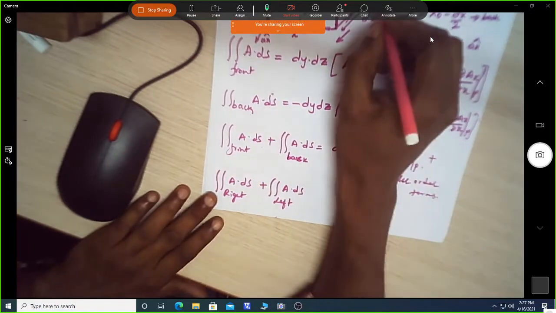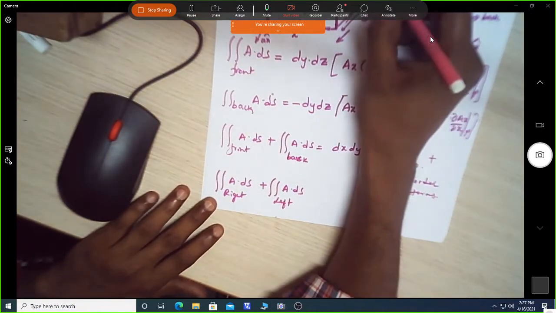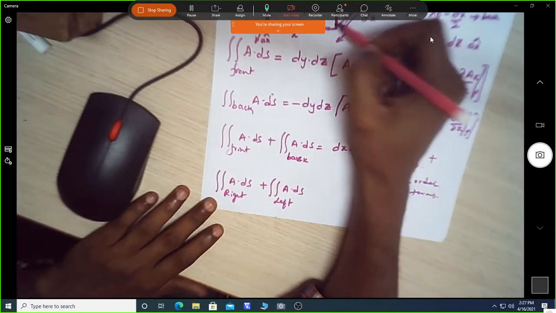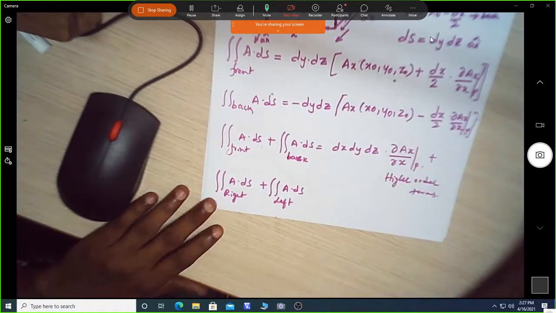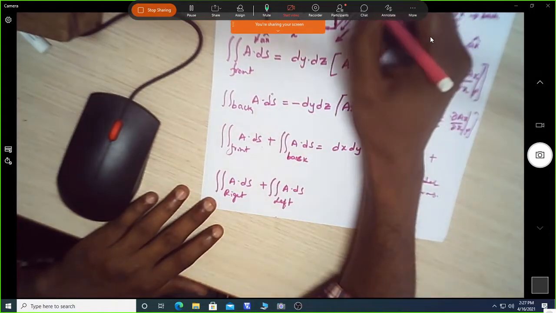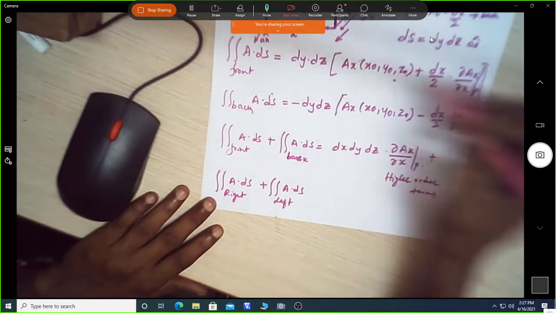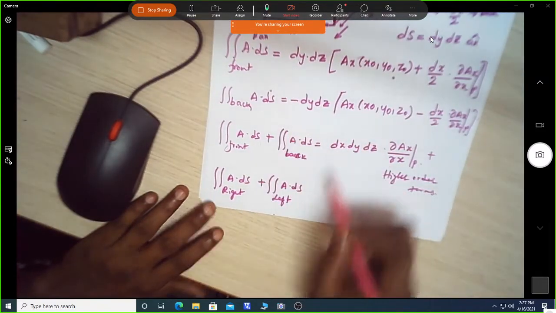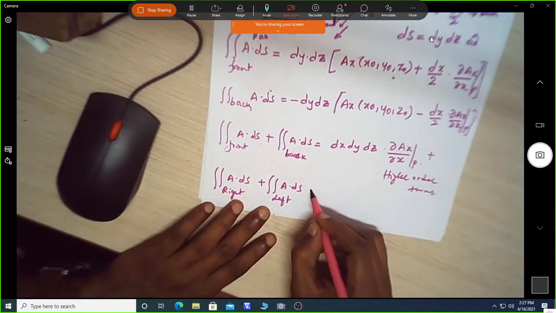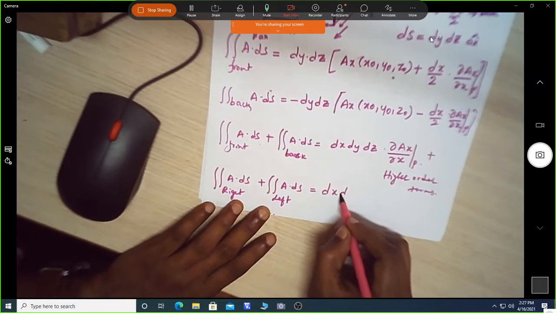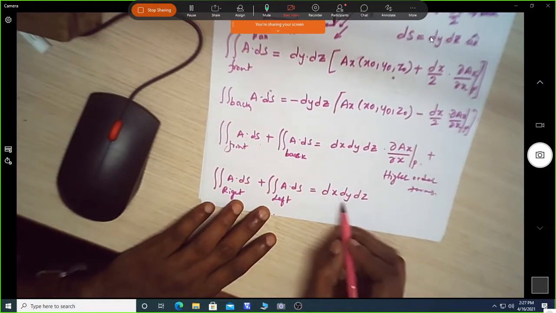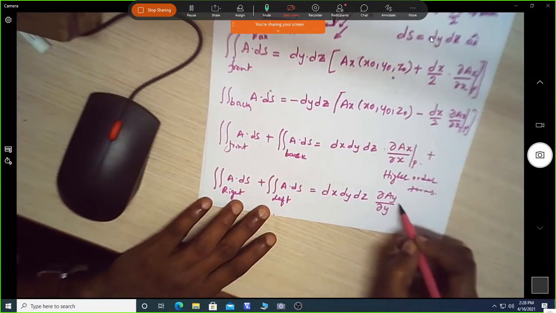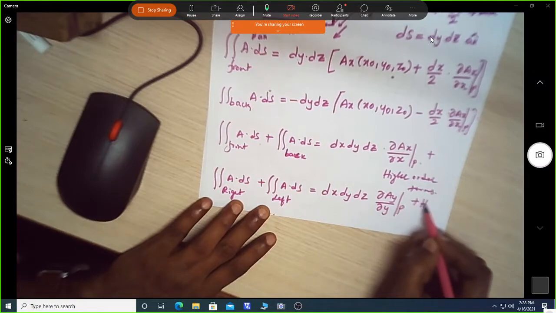Now in this unit direction, what are the variations? It is the x and z direction, is it not? Is it clear? So for the left and right we can write, again it will give dx dy dz times del Ay by del y at point P plus higher order terms.